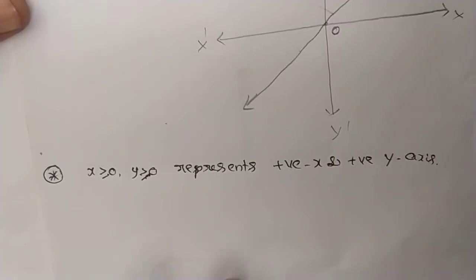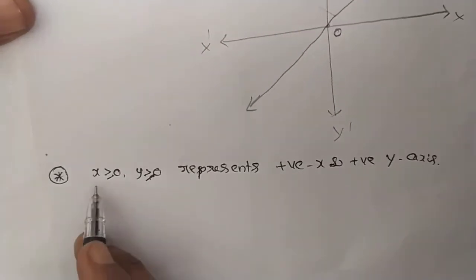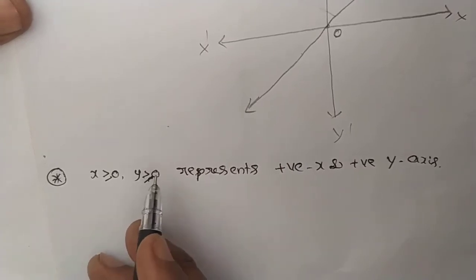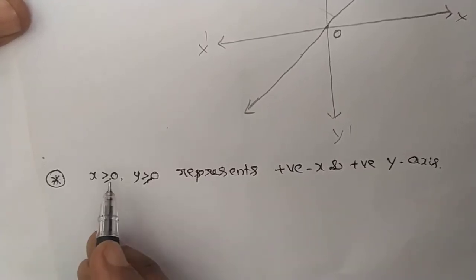Suppose x less than or equal to 0, y less than or equal to 0, then that represents the negative x and negative y axis.